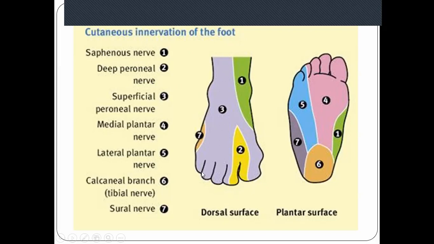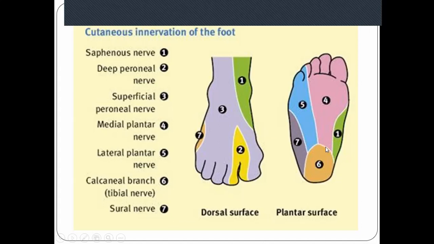And this huge area is supplied by superficial peroneal, and the area of the sole, this area, is supplied by medial plantar. And this lateral side of the 1.5 toes and the relevant sole area is supplied by the lateral plantar nerve.